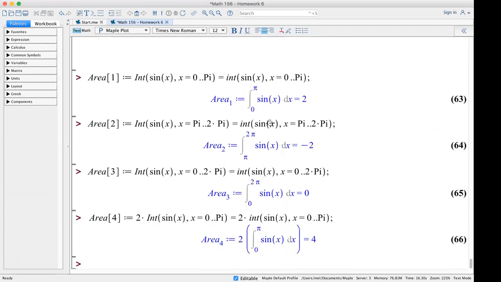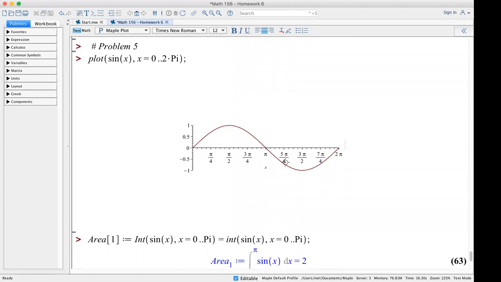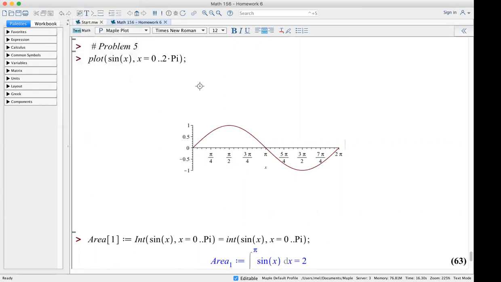That's the reason why you get 0. So 2 times this would be 4, but 2 and -2 is 0. Okay. And that is all of homework 6.